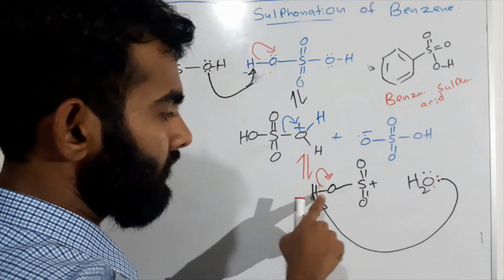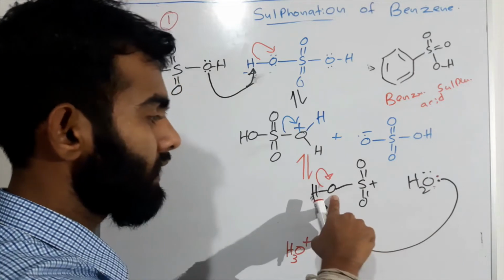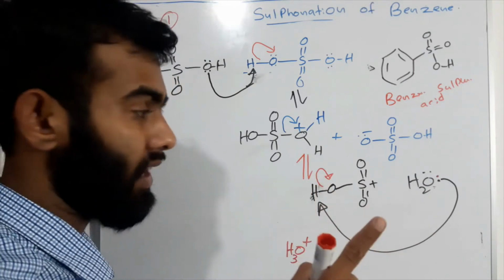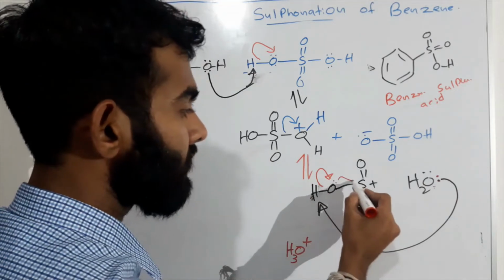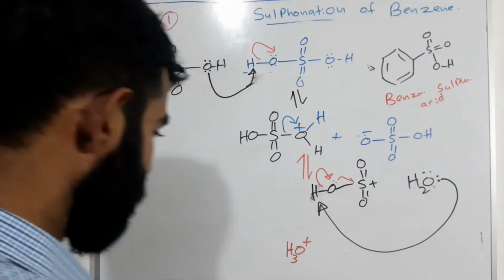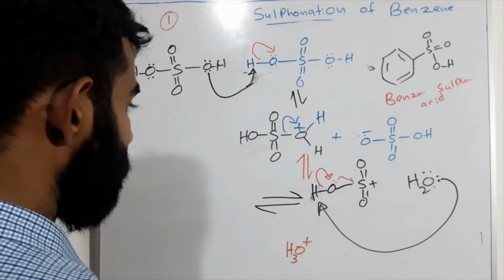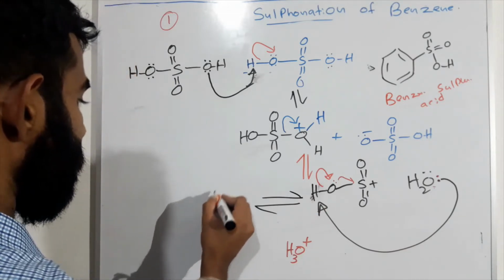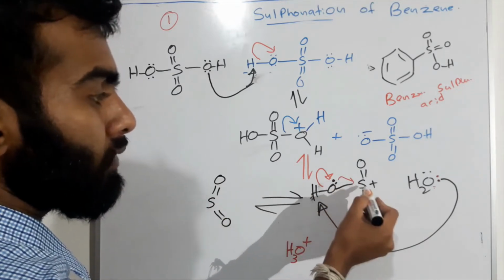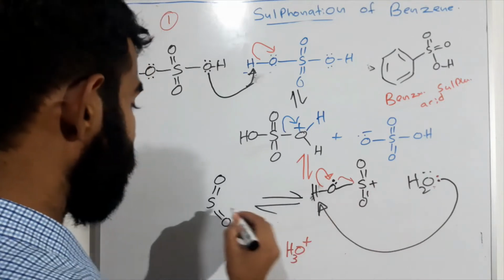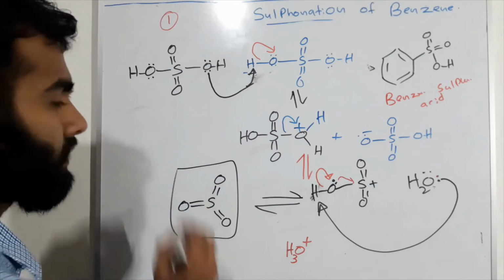This hydrogen-oxygen bond broken towards oxygen means oxygen now gets a negative charge, and that lone pair will attack this sulfur. Because of this attack, the positive charge is neutralized. So everything is neutralized, and now we got this SO3 compound.